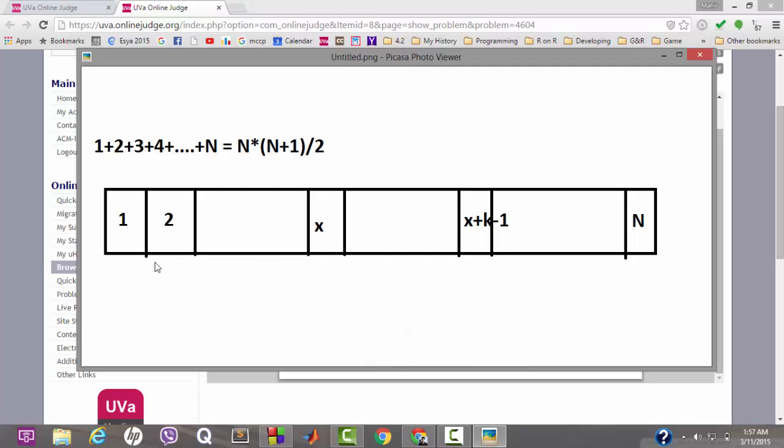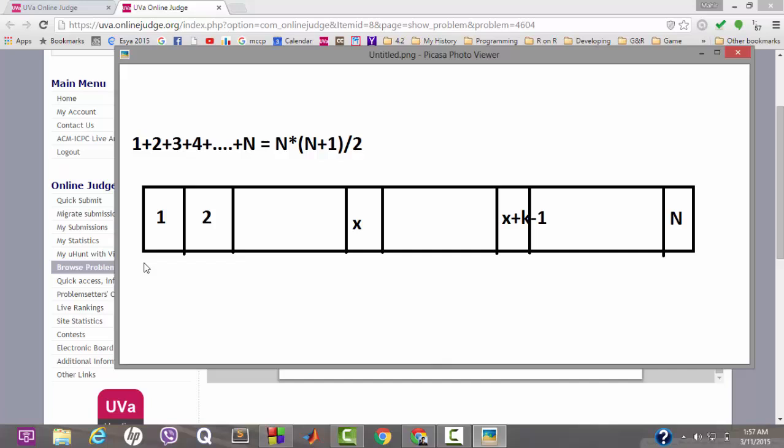Now we have to subtract the weight from x to x plus k minus 1, that is the weight of k consecutive marbles starting from x. How do we get that? There is no direct equation that gives us the summation of numbers from position x to position x plus k minus 1.